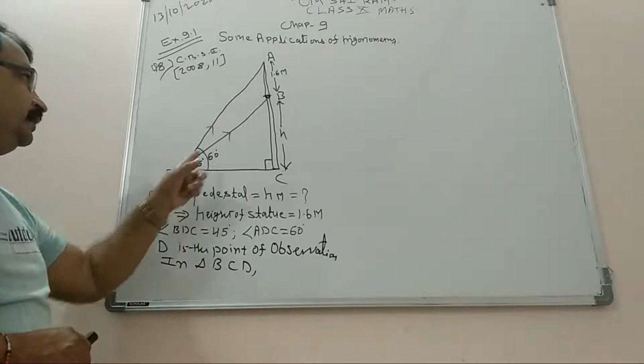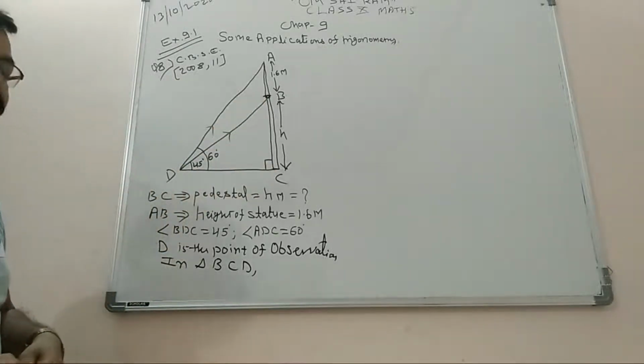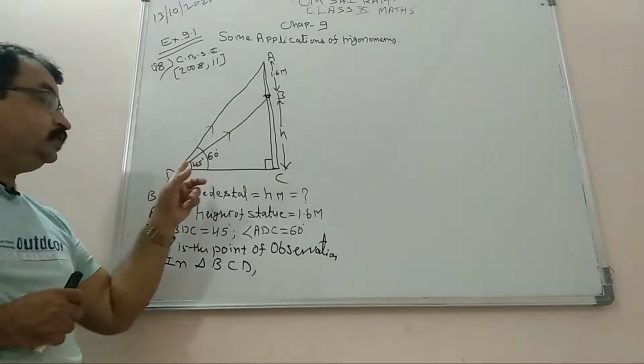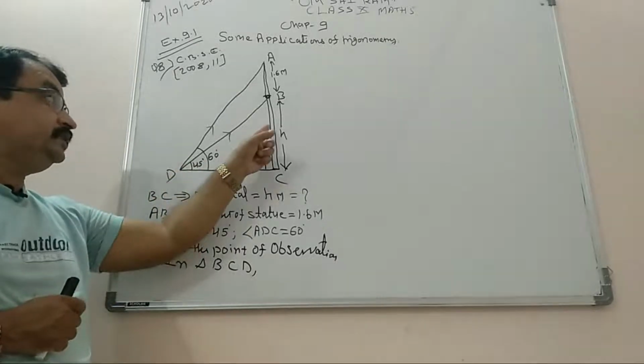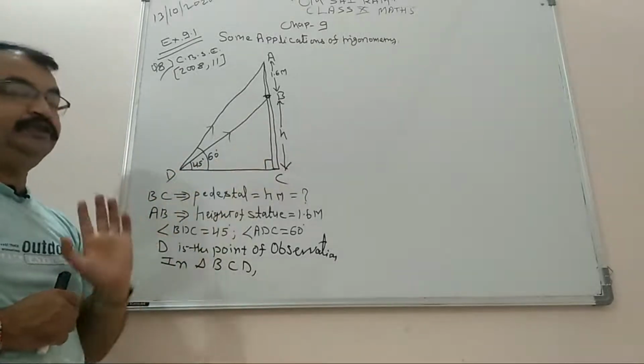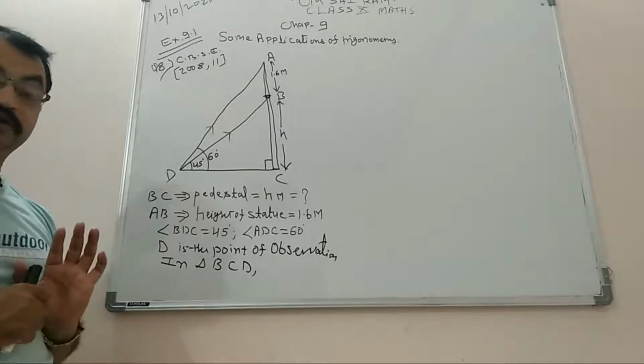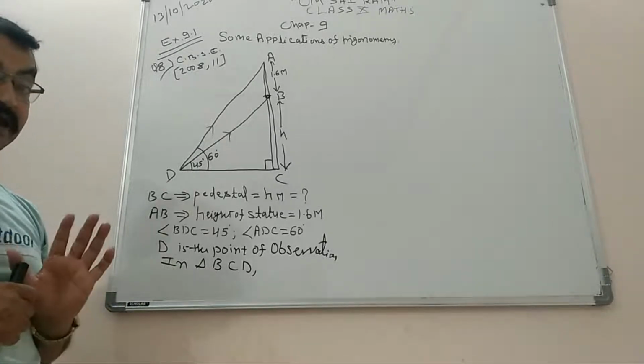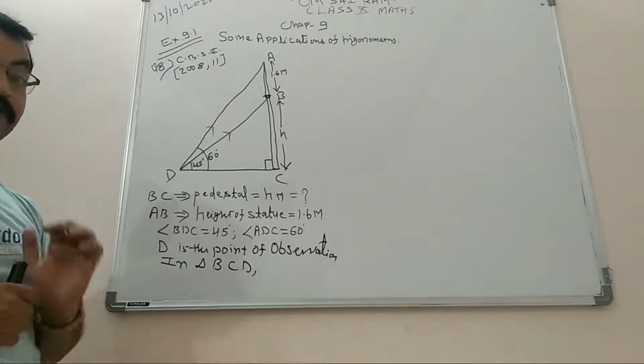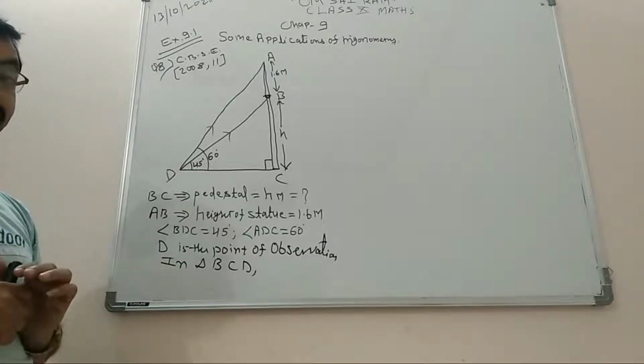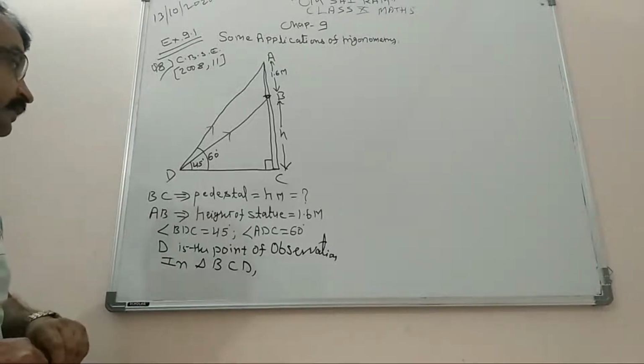So in right triangle BCD, we actually want the relation in opposite and adjacent. So which ratio will you apply, children, here? Of course, tan defines opposite upon adjacent, that is perpendicular upon base, right?